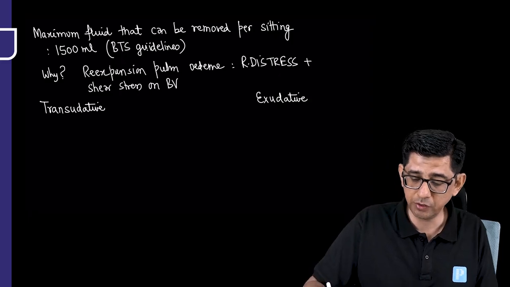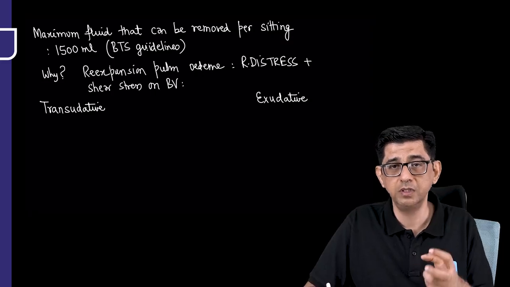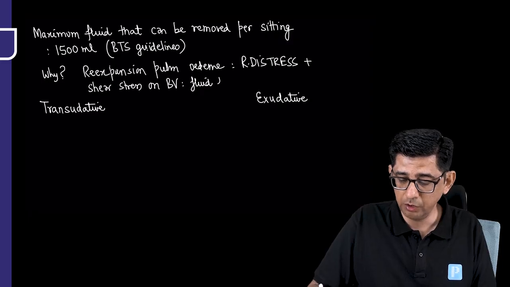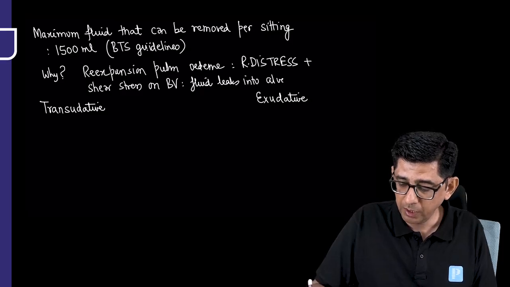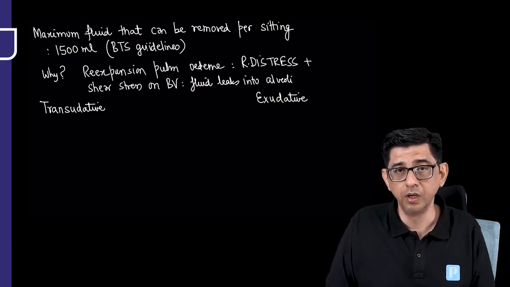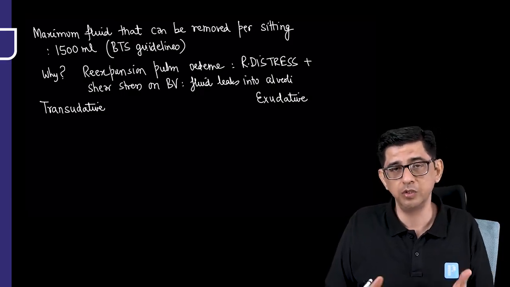Because of this stress, the blood vessels become leaky, and therefore fluid leaks into the alveoli. In you and me, our capillaries do not leak fluid into the alveoli unless they are injured. Because of the mechanical stress there would be pulmonary edema, which will cause breathing difficulty.